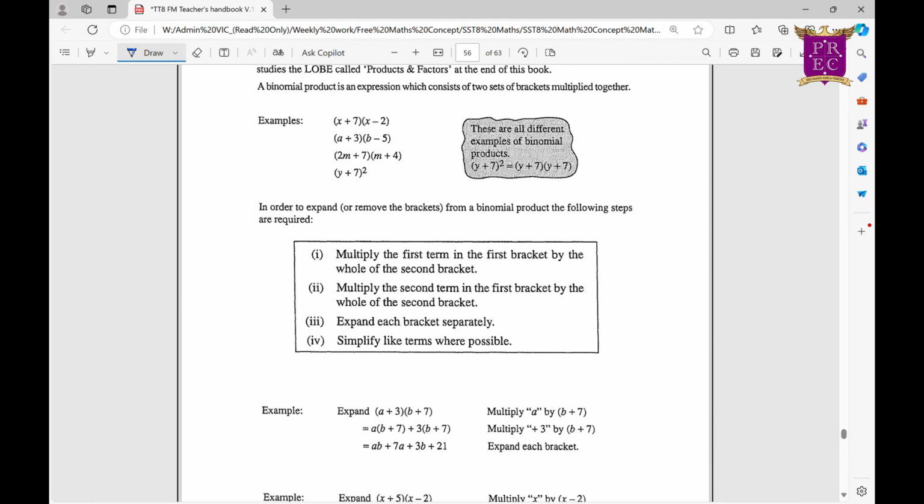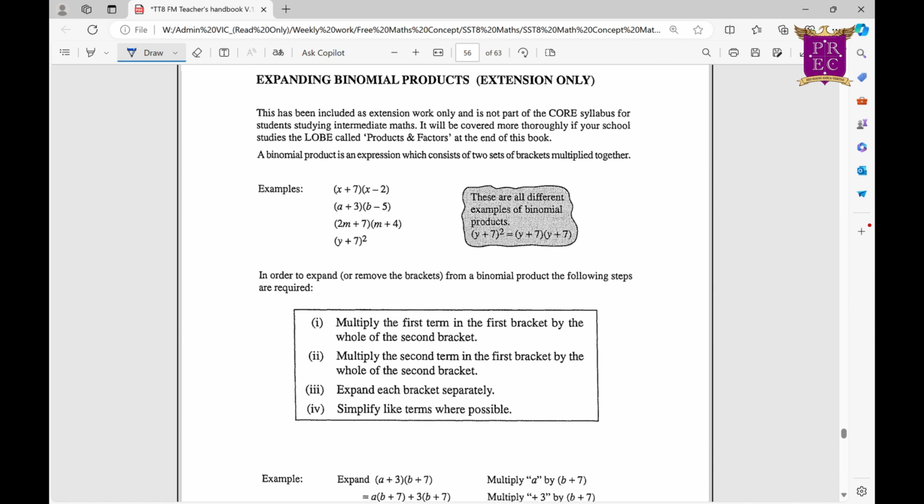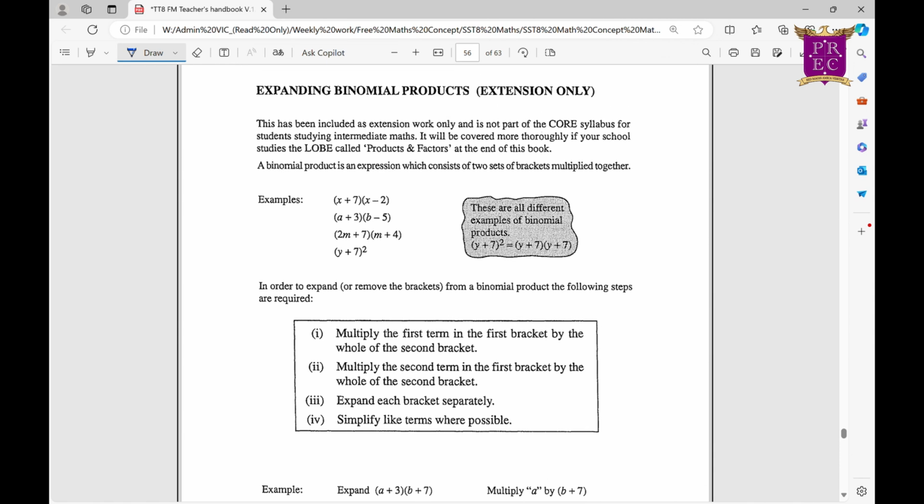Okay, you should also be aware that you can multiply, or you can expand two brackets. And so these are referred to as a binomial product, which is an expression that consists of two sets of brackets being multiplied together.